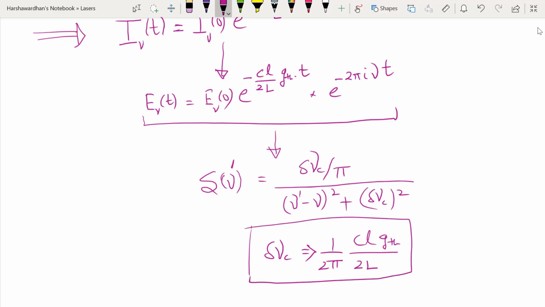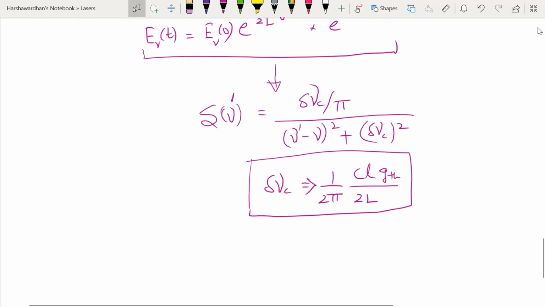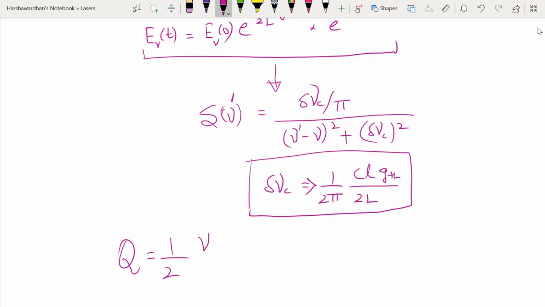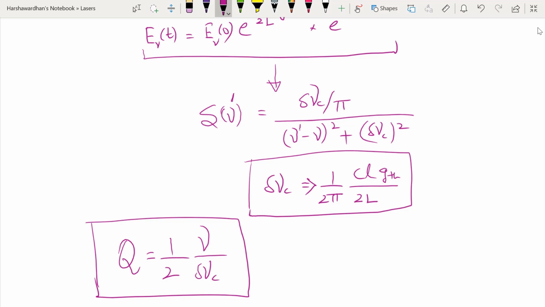By the way, there is another quantity. If you recall, we had discussed something called the quality factor associated with the cavity. That is simply defined as nu by delta nu c. The smaller the value of the bandwidth, the narrower the spectrum, the better the quality factor.